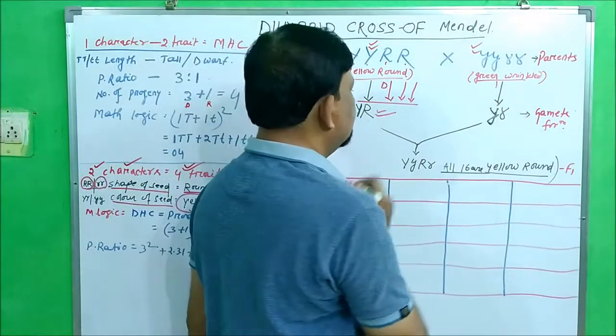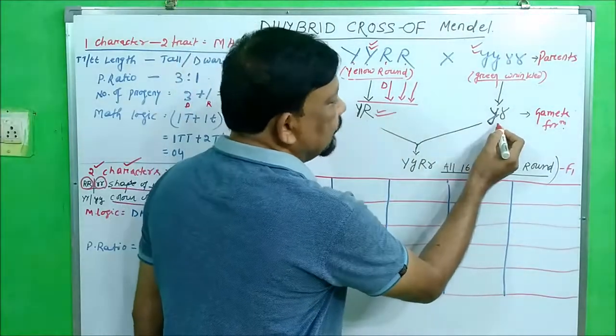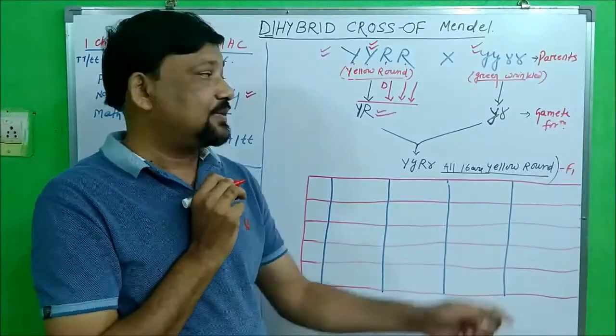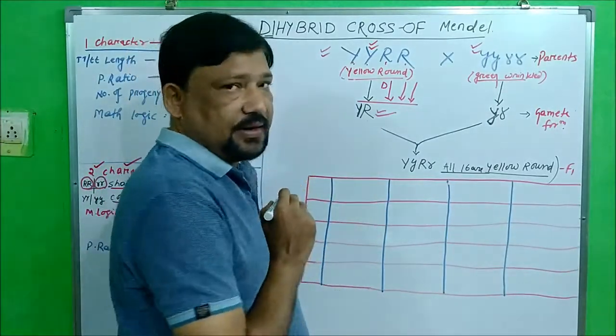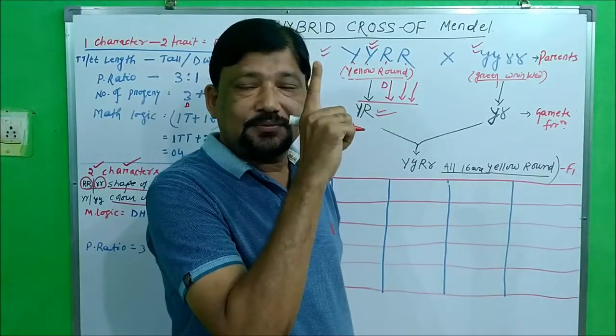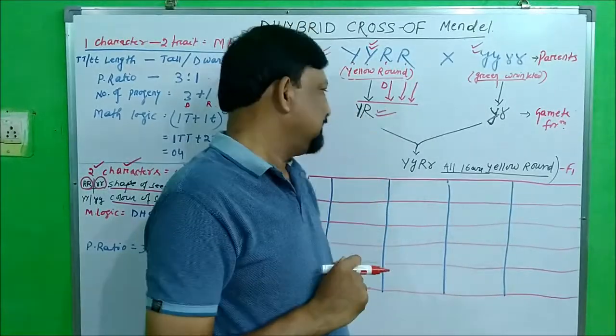Same thing true here. So 4 gametes here also, and here you will get all recessive. These gametes are totally recessive features are there. Here dominant features are there. Now hybridization takes place through emasculation and cross pollination. Very good.